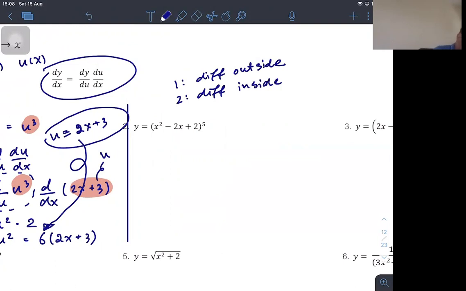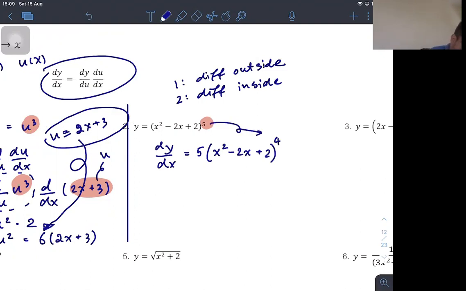So if I do dy by dx for this function, diff outside, what I do is I just bring 5 to the front, just like the same old differentiation. So it's 5 times the whole thing over here, and the power is of course reduced to 4, 5 to 4.